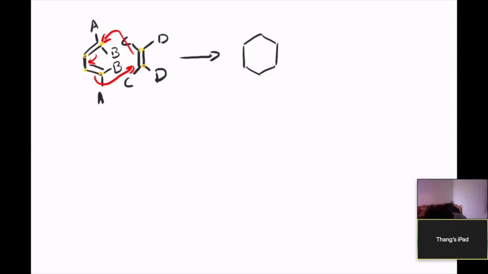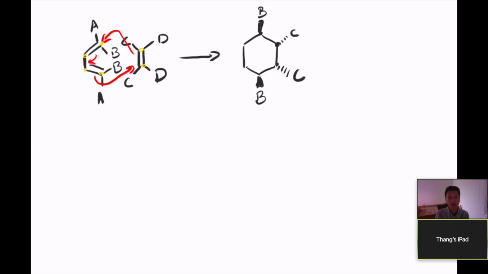Okay, so where is B? Remember, B was going off of here, and we just said that B was going on top. And where is C? Remember, C was on these two carbons here, and we just said that C was going to be back.